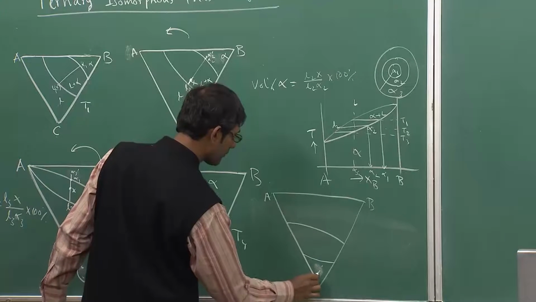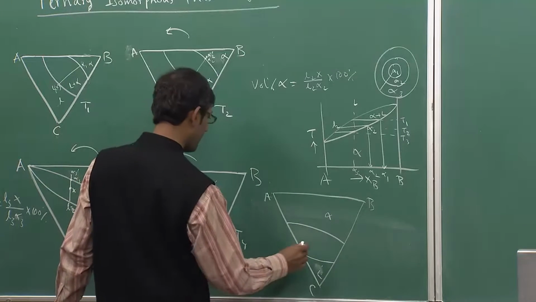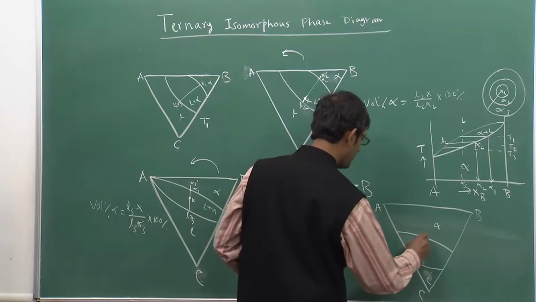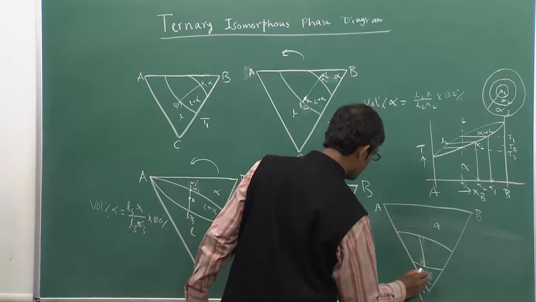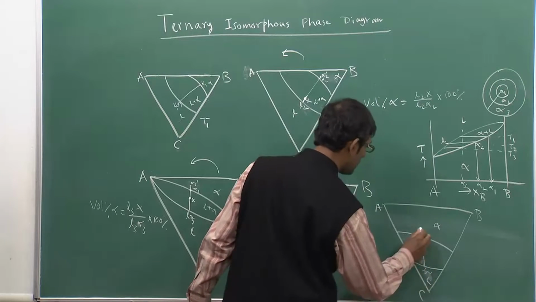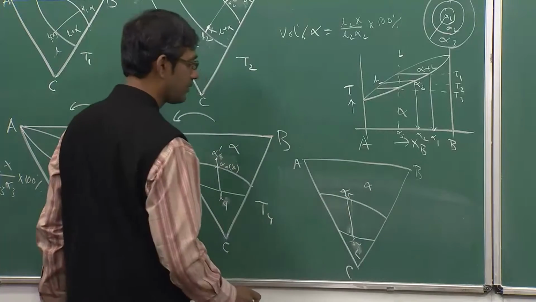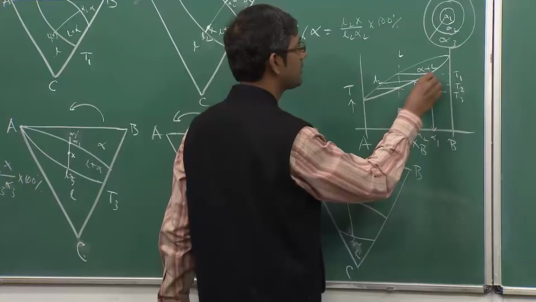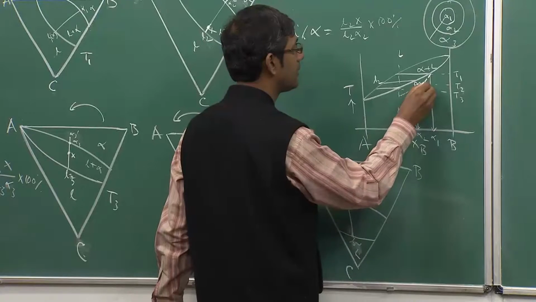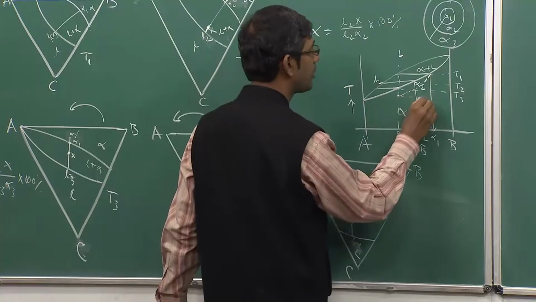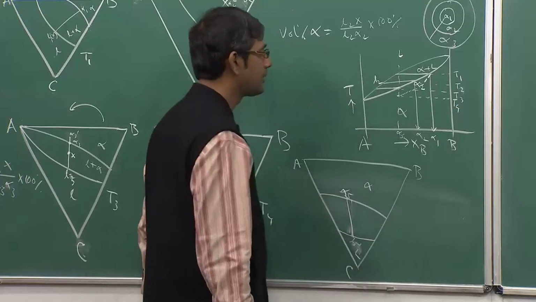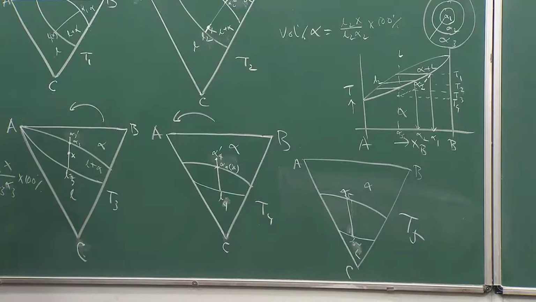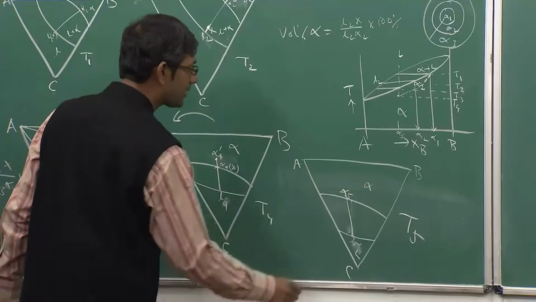So, this will be some L5 and alpha 5, correct. That is what happens here also. The way we represent this solidification sequence is by a dotted line like this, and the end of solidification temperature will be T4. Similarly, here the end of solidification temperature will be T5, because we are showing 4 temperatures above. So, the final one will be there. That is how things will happen.